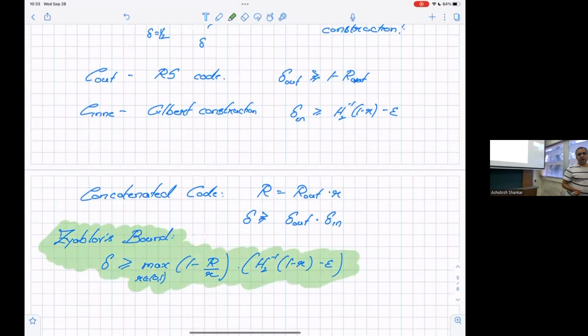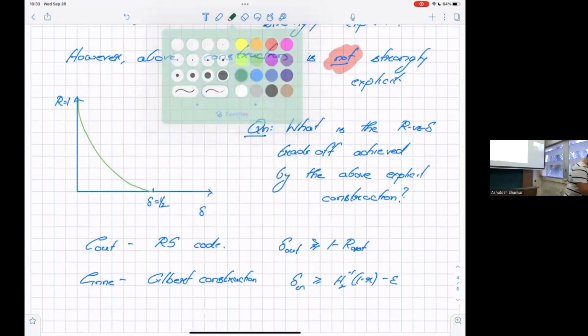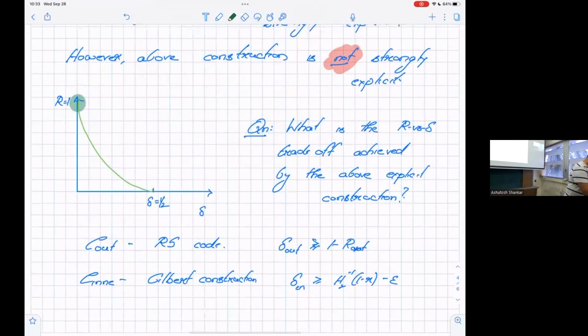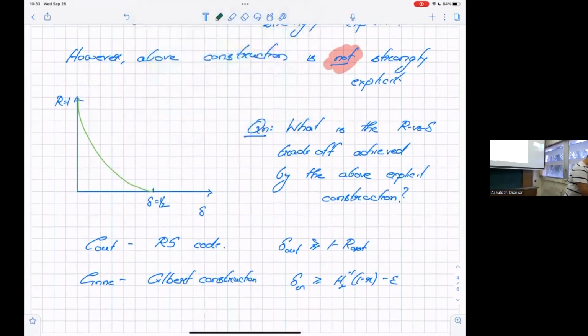So it's not a nice function. You can plot the curve. So what happens is, if you go back to this picture, that's Zyablov's curve, the Zyablov bound.